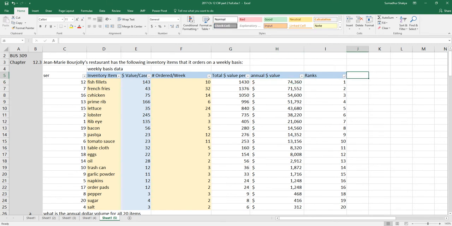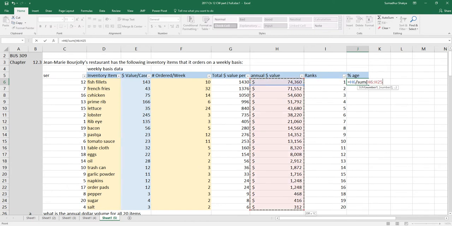Now the next thing we want to know is the percentage. We know that fish fillet is ranked number 1, but what percentage of the total is it? So the percentage is the individual value divided by the sum of all of these.